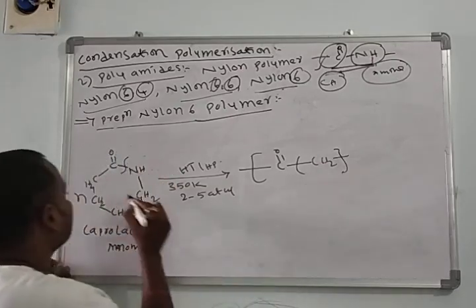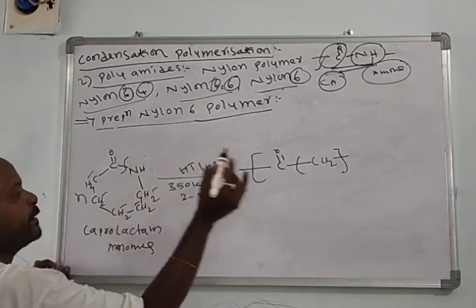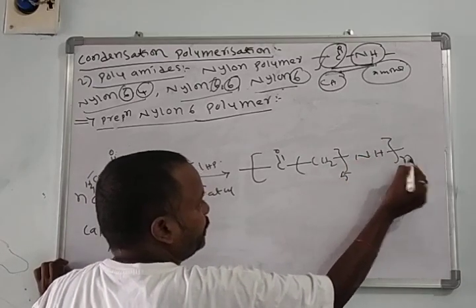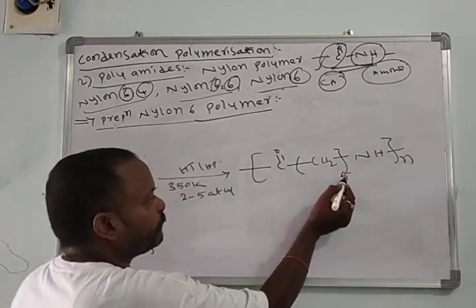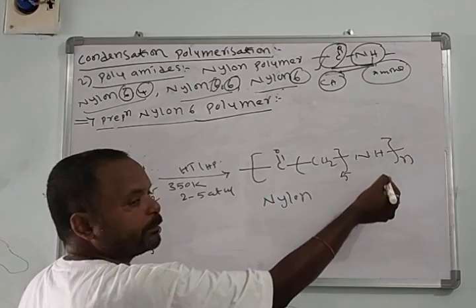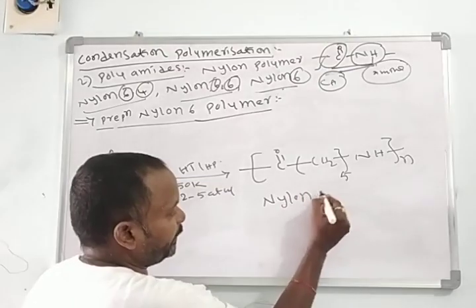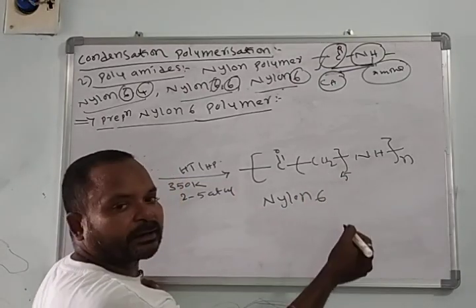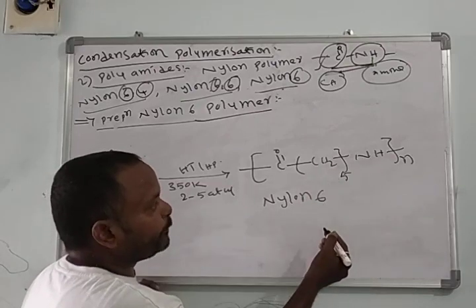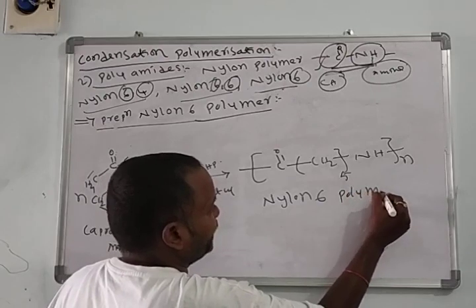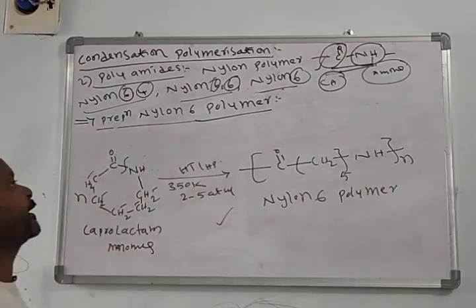How many CH2s are there? 1, 2, 3, 4, 5, then NH. How many carbon atoms are there? 5 plus 1, 6. So it contains C double bond O NH, and this is the nylon 6 polymer. It is prepared from caprolactam.